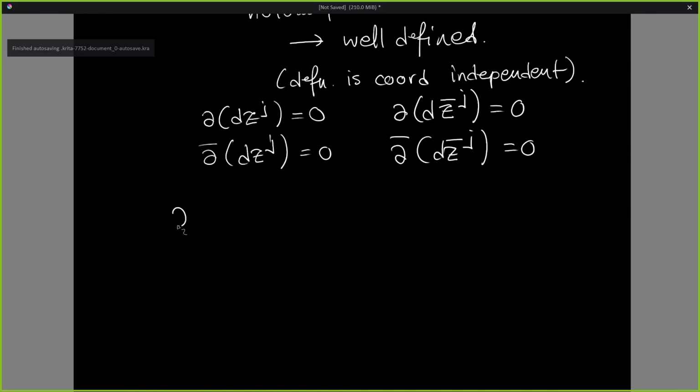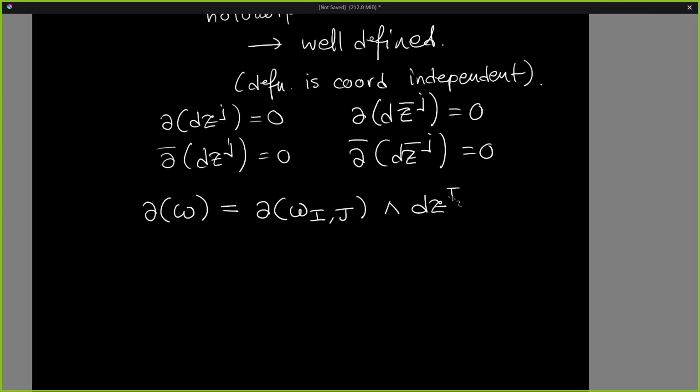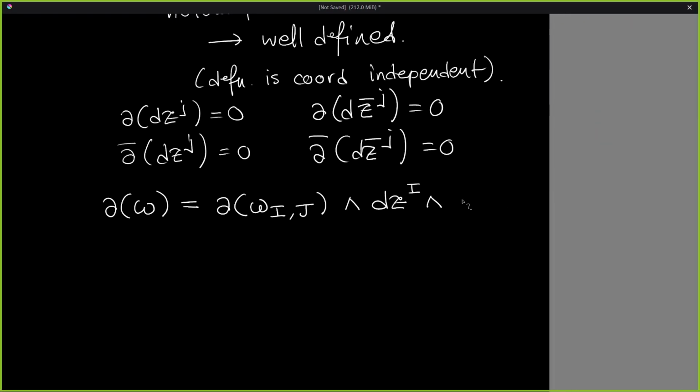This leaves us with partial acting on omega; in general there would be more terms because of the Leibniz rule, but essentially we just get this. Remember, this is just for a complex manifold, but they're only definable on complex manifolds, so I guess that's not a big deal.